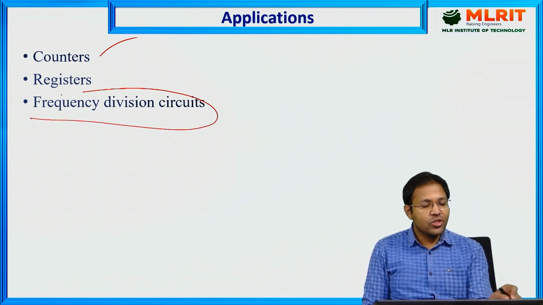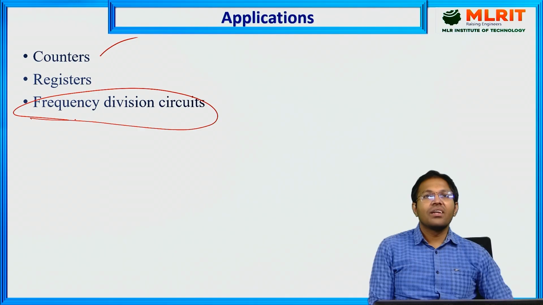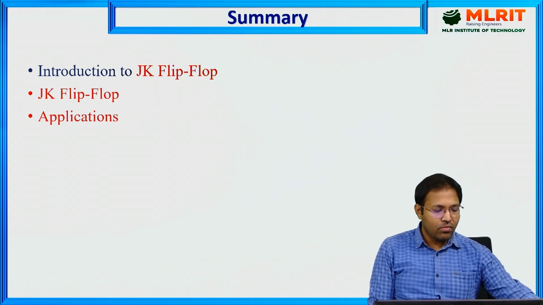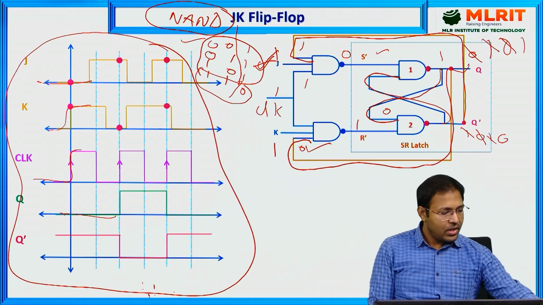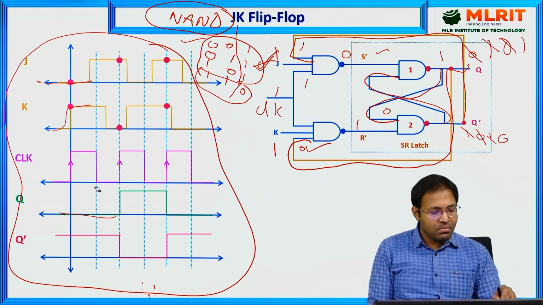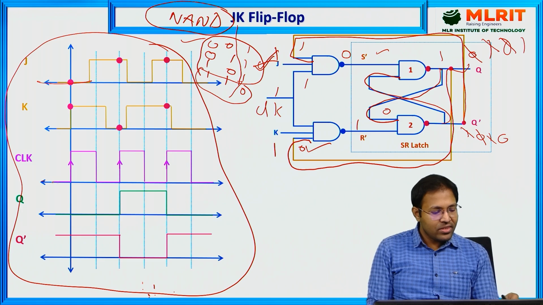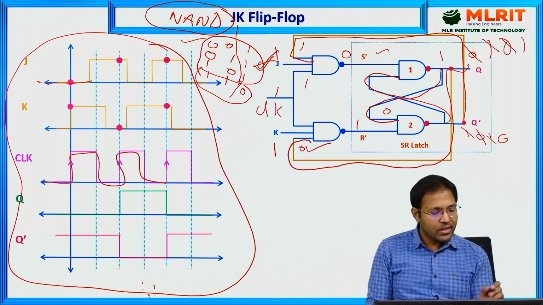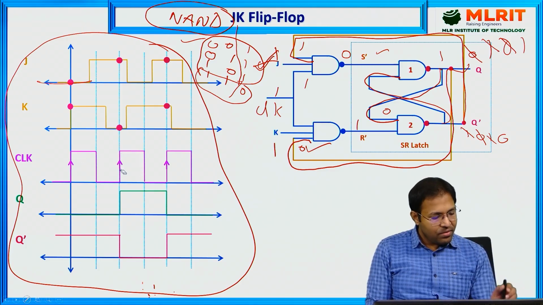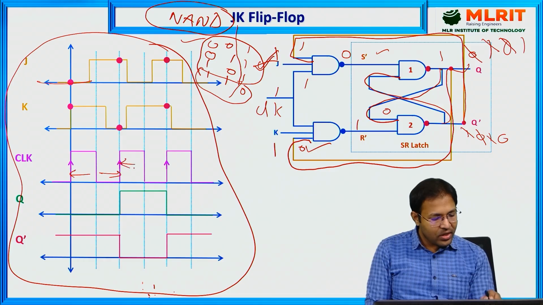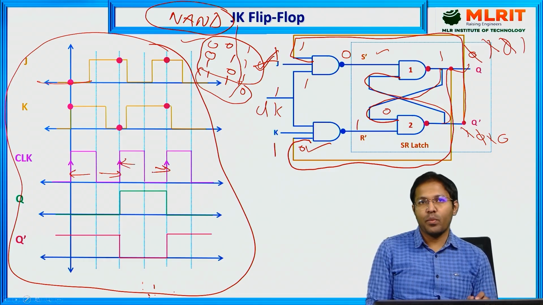They are also useful for frequency division purposes. Let us see how. If you look at this diagram, at the frequency of the clock signal, when we have two cycles, from here to here we have one cycle, and then from here to here we have another cycle.